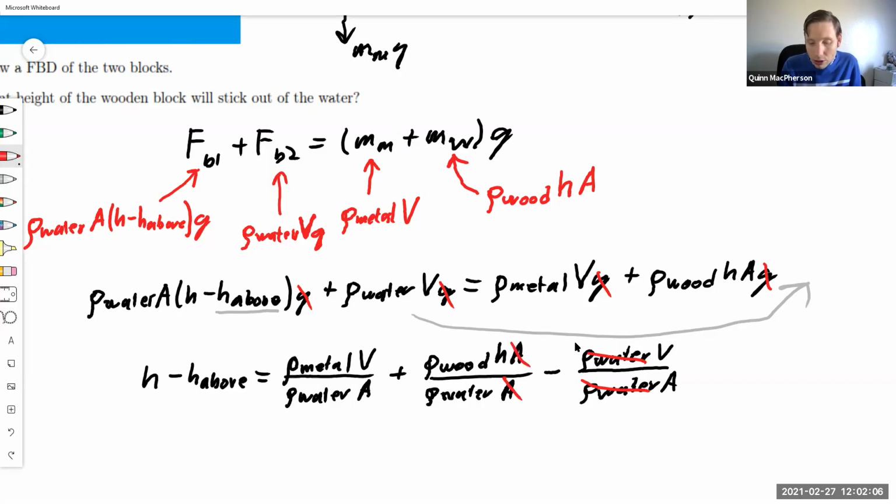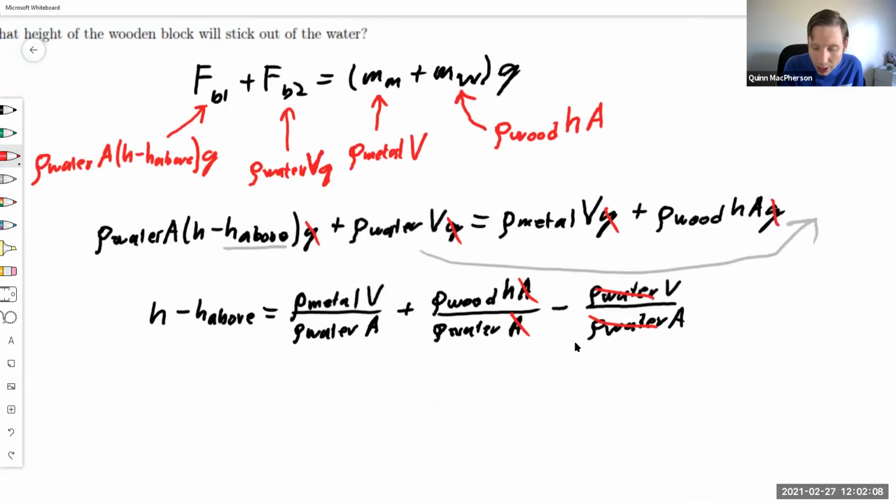Okay, and continue solving. We're going to move the H to the other side. Notice that these two terms each have a V over A in them, so I'm going to combine those.